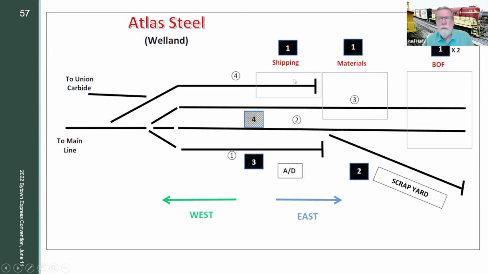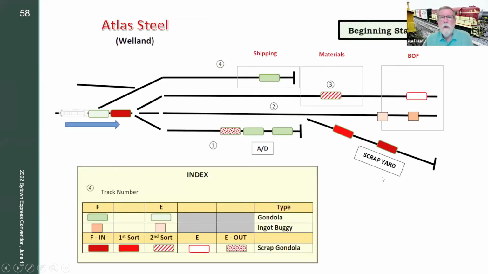And then these are the three buildings: shipping materials and the basic oxygen furnace, 1 car times 2 for each of the lines going into that building, with scrap going in on this line and iron, steel coming out on this, usually in the form of ingots. So a beginning state, and you just get an idea.